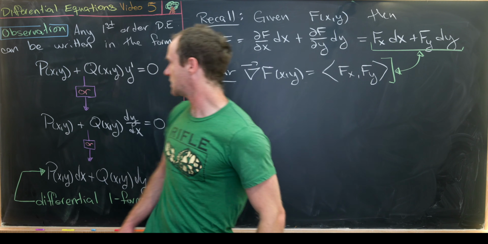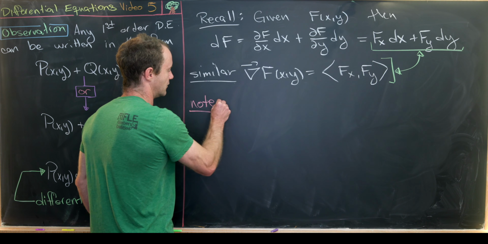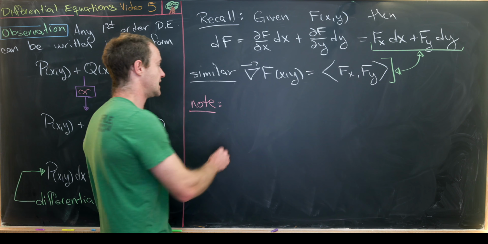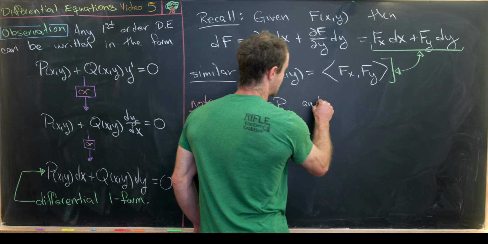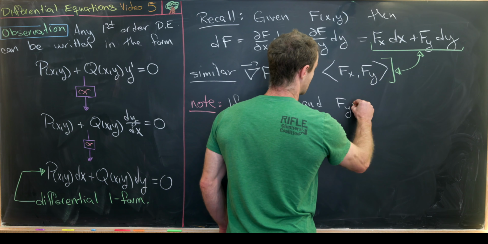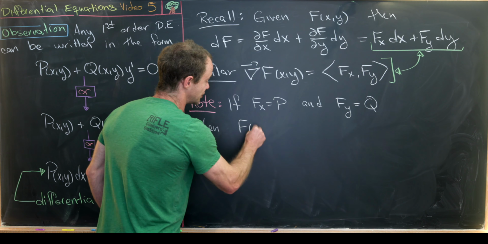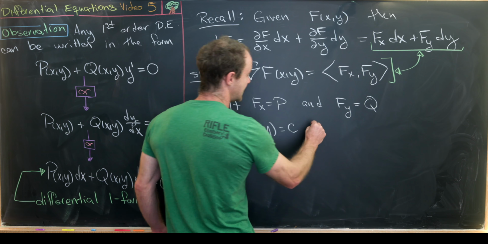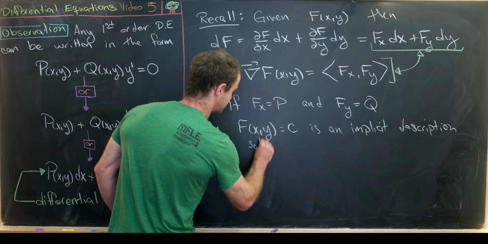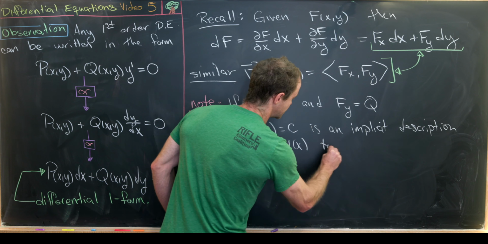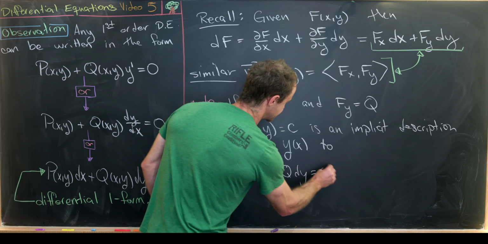And so how does this relate to our given differential equation over here? Well, it relates using the following observation: if the partial of f with respect to x is P and the partial of f with respect to y is equal to Q, then the equation f of x, y equals c is an implicit description of a solution y of x to our differential equation P dx plus Q dy equals 0.